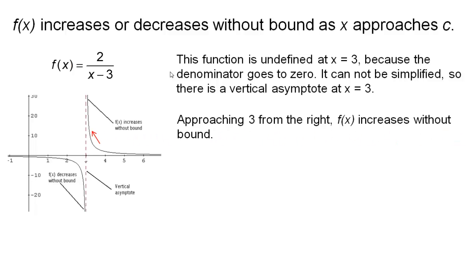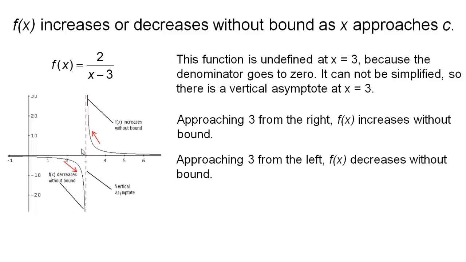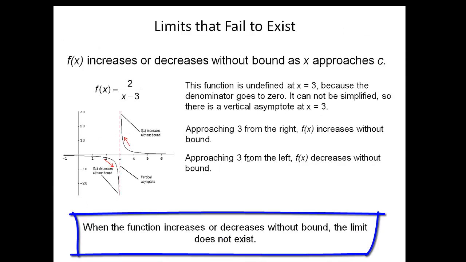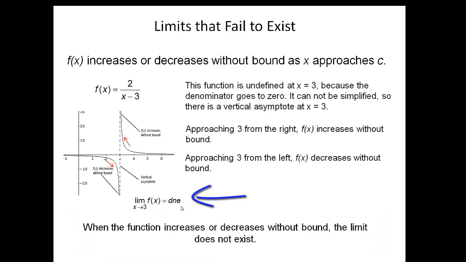Approaching 3 from the right, f of x increases without bound. We go on up to positive infinity. Approaching 3 from the left, f of x decreases without bound. So if either of these things happened, that would be enough to declare that the limit fails to exist because the function increases or decreases without bound. You could put DNE, does not exist for short.